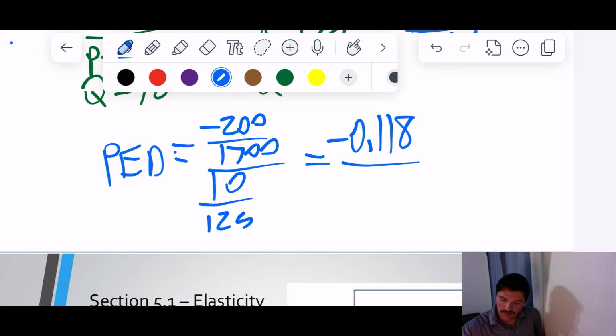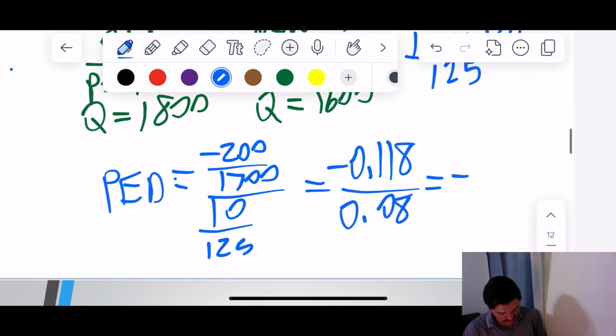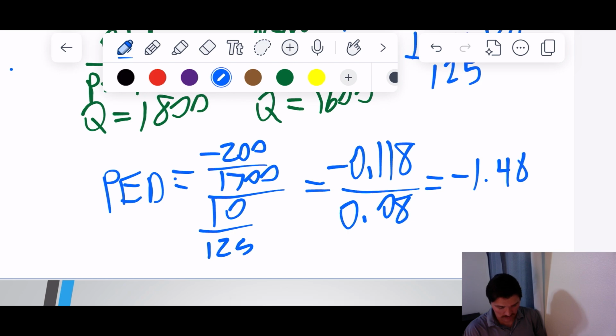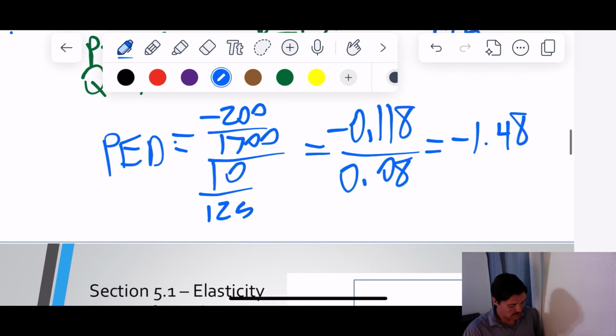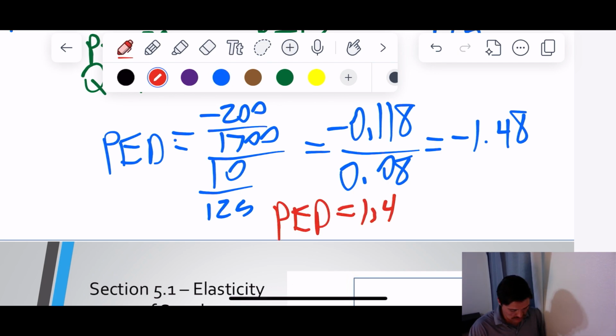And then we'll do that, which is 0.08. And we should get negative 1.47 or 1.48. And if we're looking at our calculator and we see it's a negative number, we think positive. So we get a PED of 1.48.